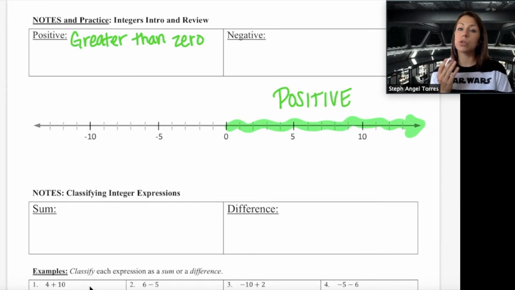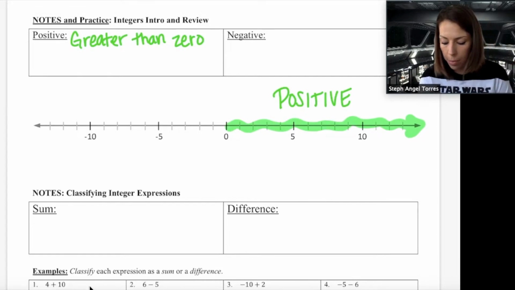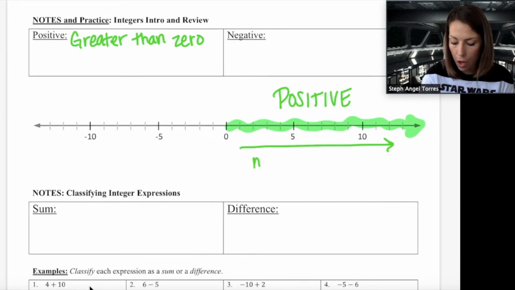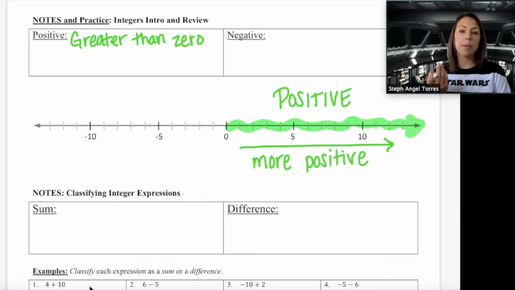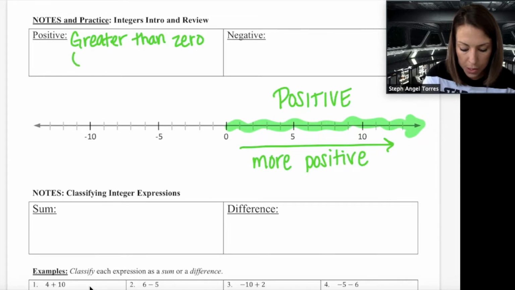It's also important to remember that as you move to the right on a number line, your integers become more positive, and that will come in handy later on when we start diagramming. For example, 10 is more positive than 5 because it's to the right of 5 on a number line.